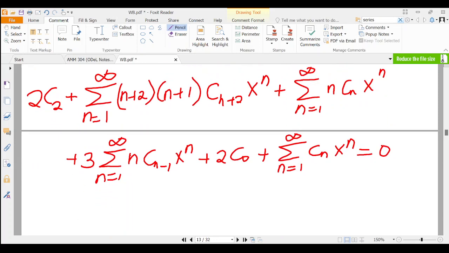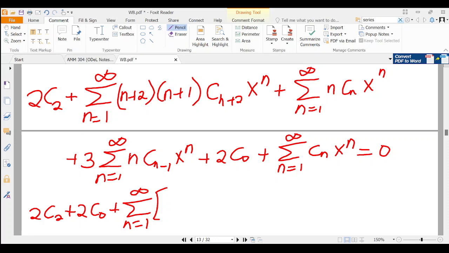So we now have these terms. And we can consider now this term here. We add to this one, so we write 2c_2 plus 2c_0. Then the summation range is from 1 to infinity in all the terms.